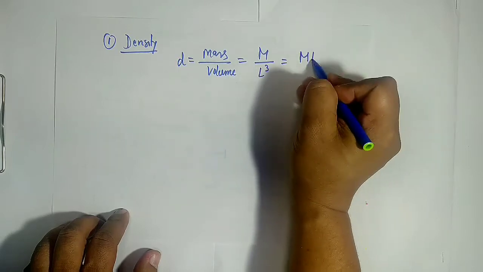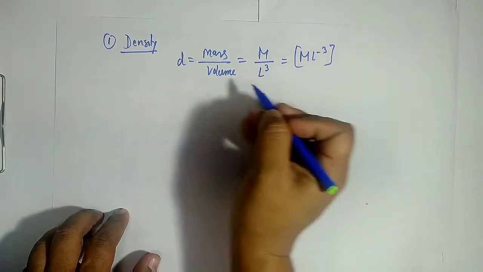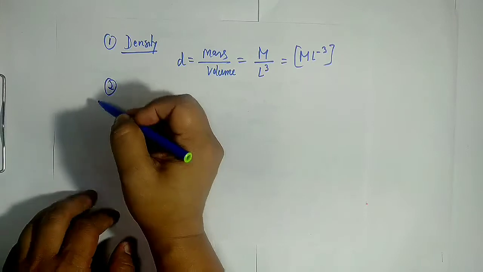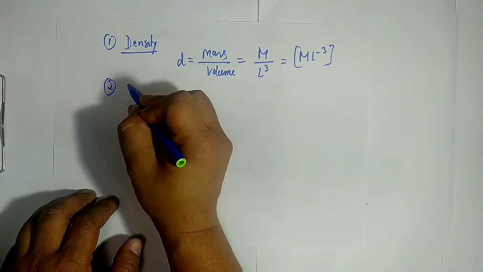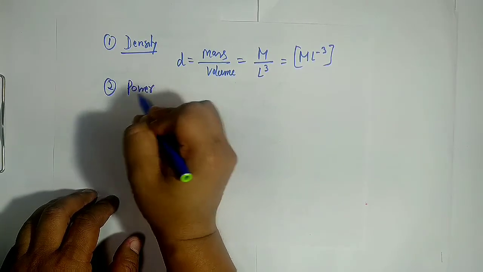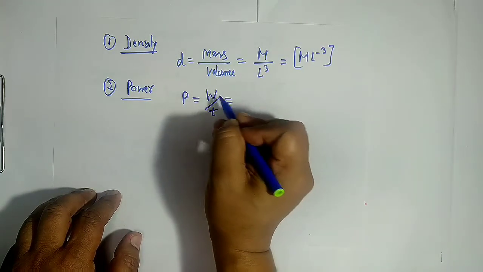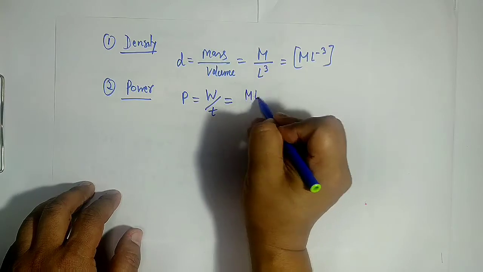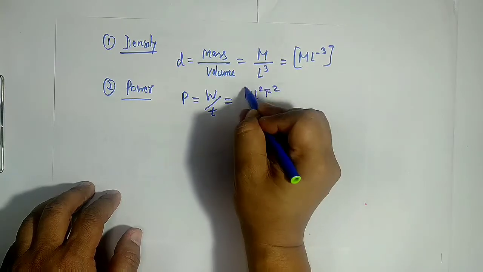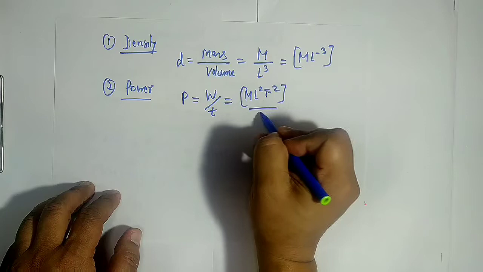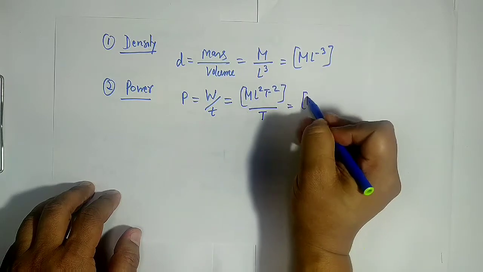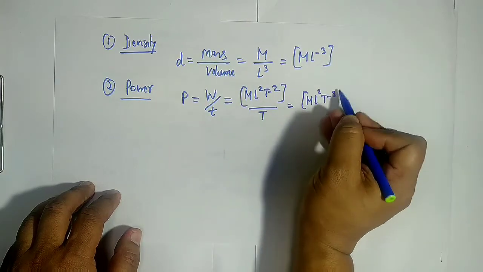So directly it can be ML minus 3. Second, the dimension of power. Power is work upon time, and work you have already calculated is ML square T minus 2, and time is T. So finally we can write ML square T minus 3.